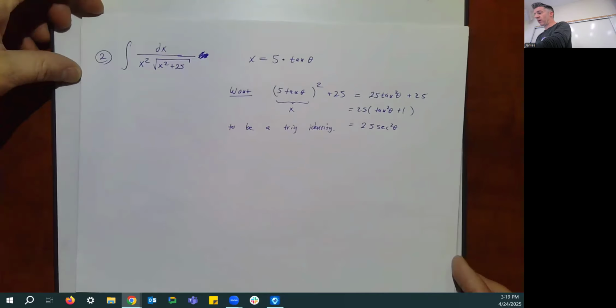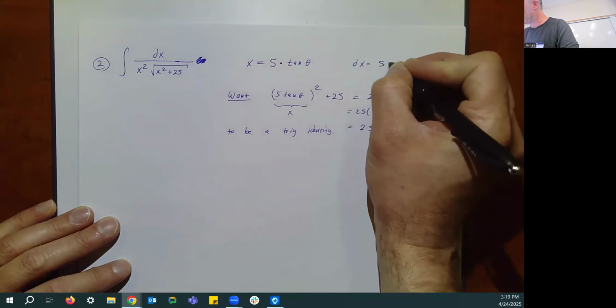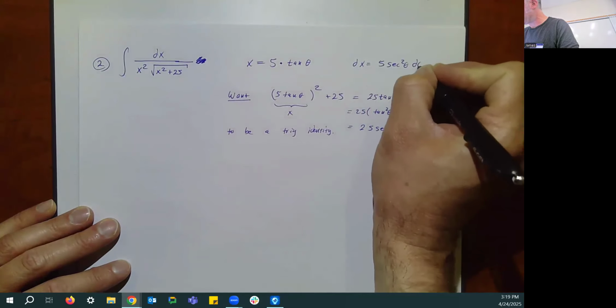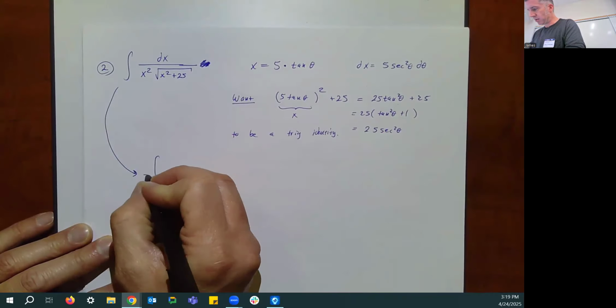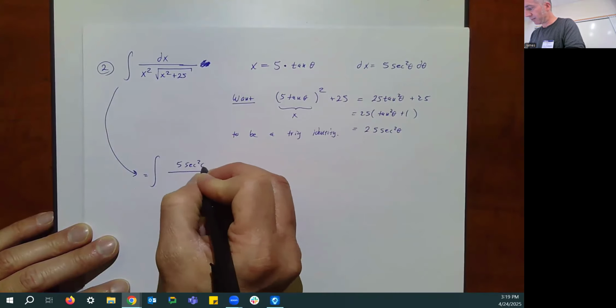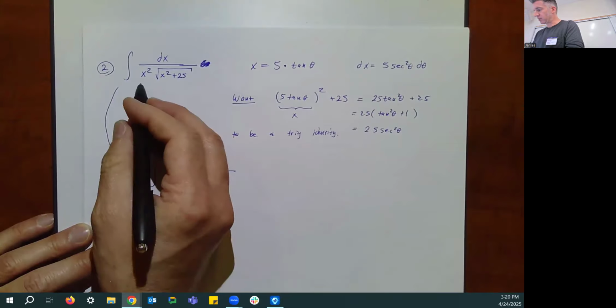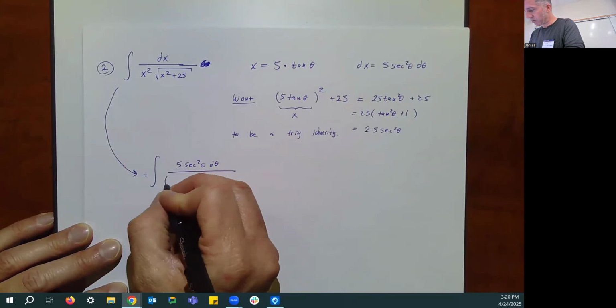So then if we start rewriting this, I better first say that dx is equal to 5 secant squared theta d theta. Our x squared is going to be 5 tangent theta, quantity squared.